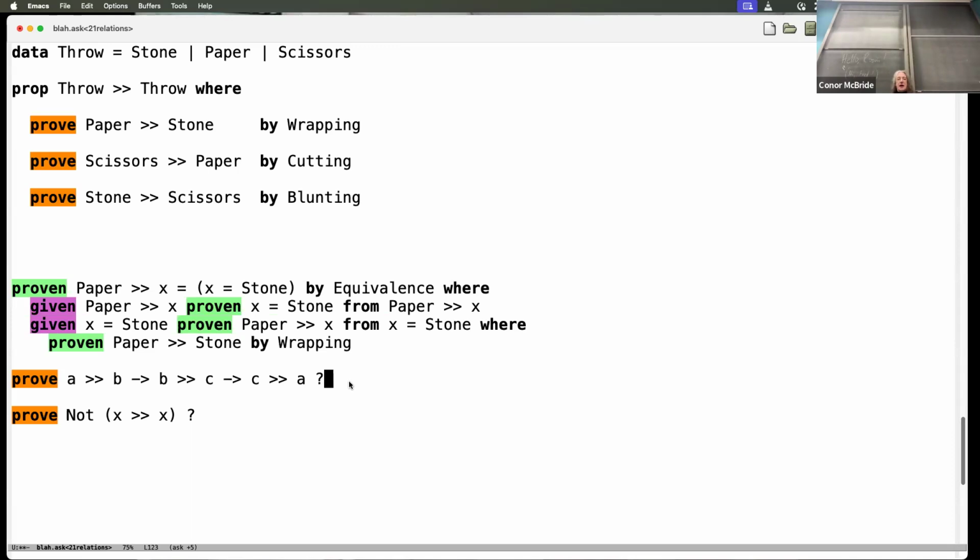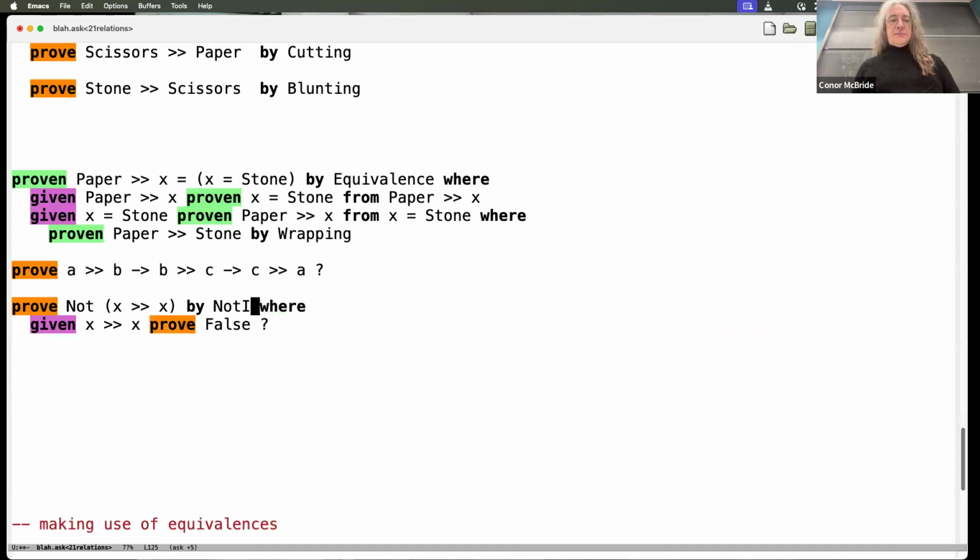So actually, let's do this one. In honor of the Movellan robots who both kept coming up with scissors, let's show that X never beats X for any old X. So you have to prove not of something. So we'll do not introduction. Okay.